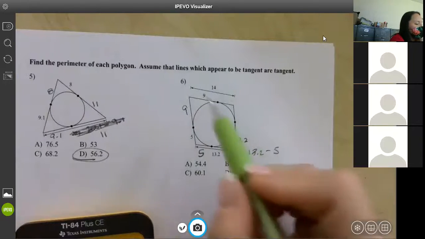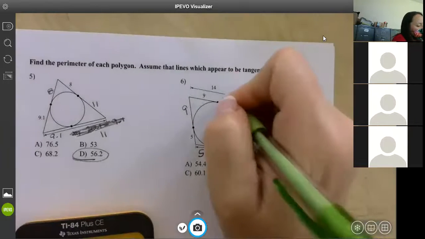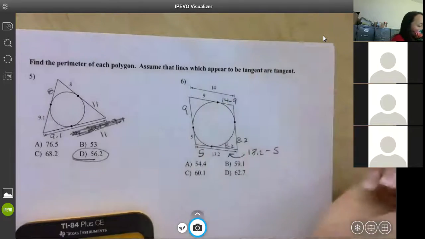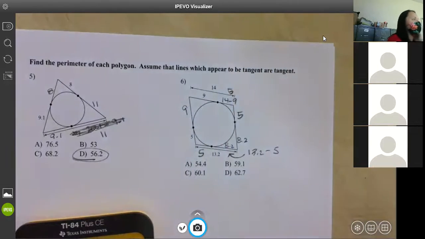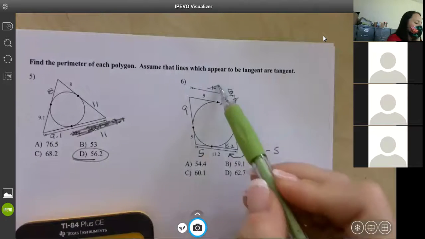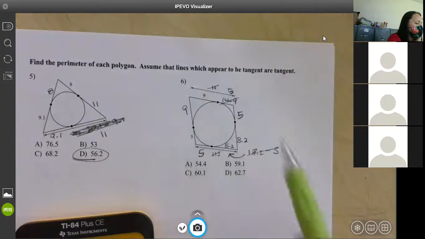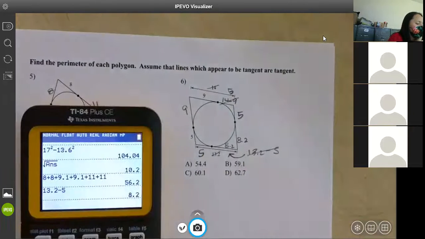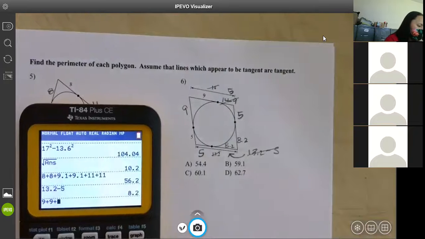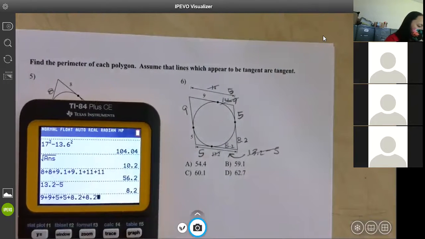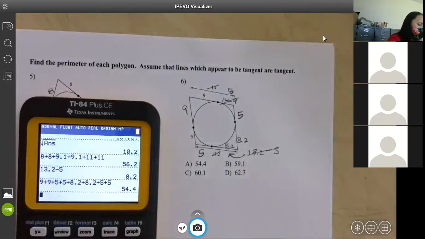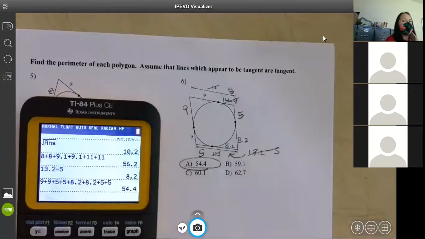We don't know these two, but we can find it. You're going to do 14 minus 9, which is 5. So this side is 5. If you need to, mark out every measure you're not going to use, so that way you're not looking at too much. Okay, so we have 2 9s, 2 5s, 2 8.2s, and 2 more 5s. And we get 54.4. Everybody okay?